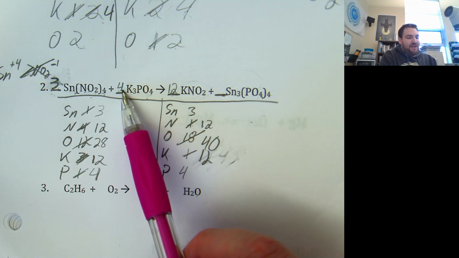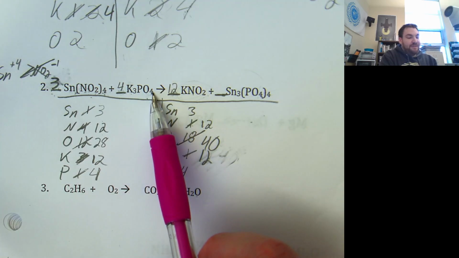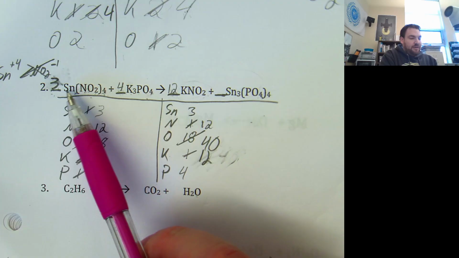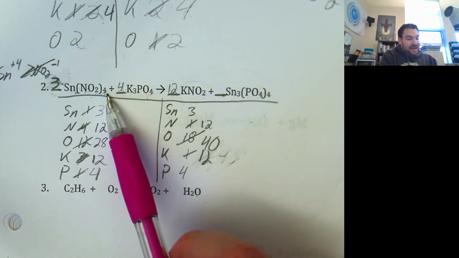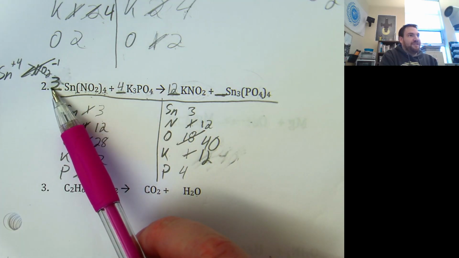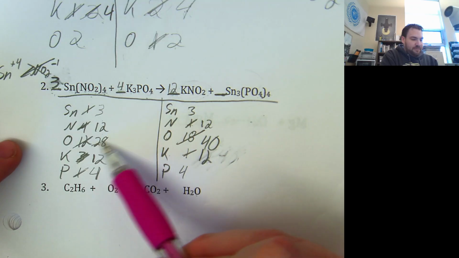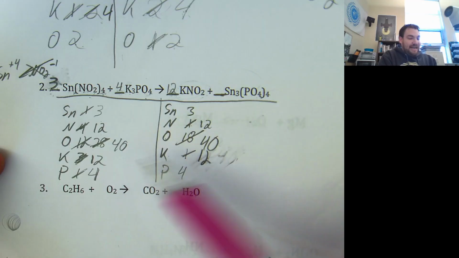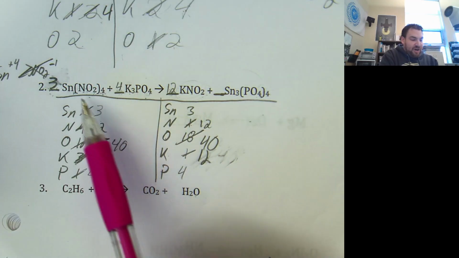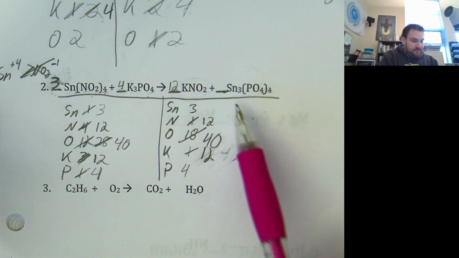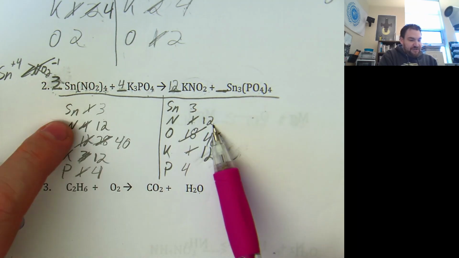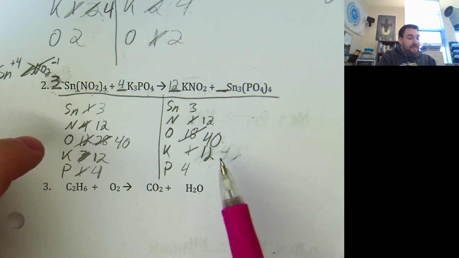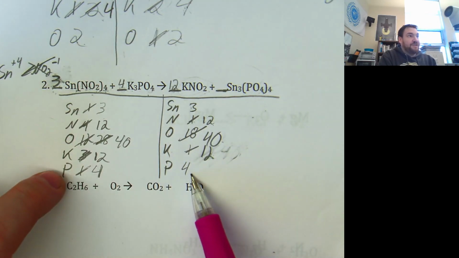Let's do each piece. 4 times 4 is 16. 2 times 4 is 8, times 3 is 24. 24 and 16 is 40. And now look what we've done. By focusing on everything else, my tins are balanced, my nitrogens are balanced, my oxygens are balanced, my potassiums are balanced, my phosphoruses are balanced, we're done.